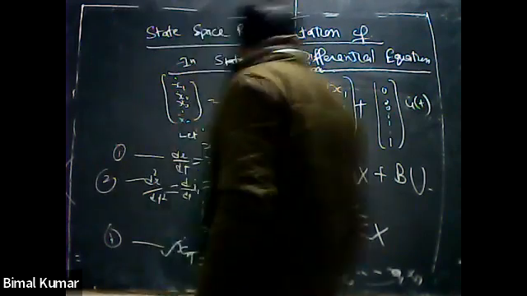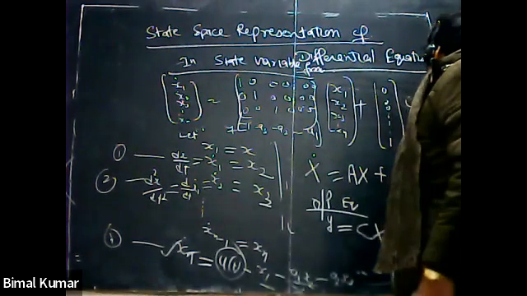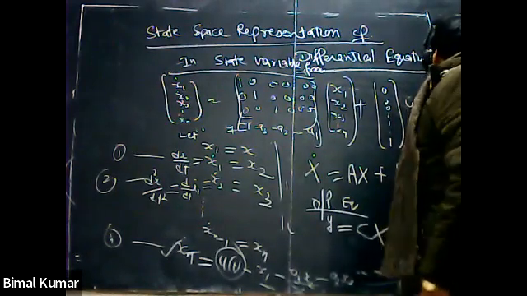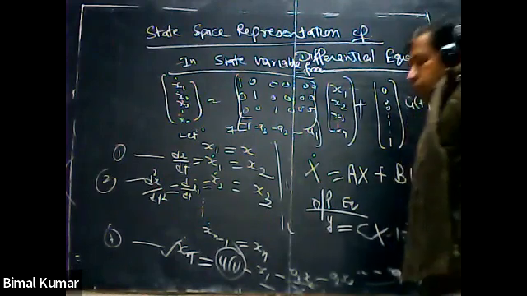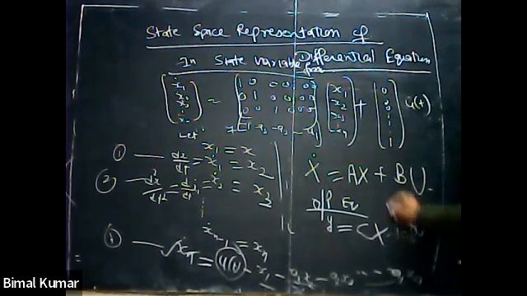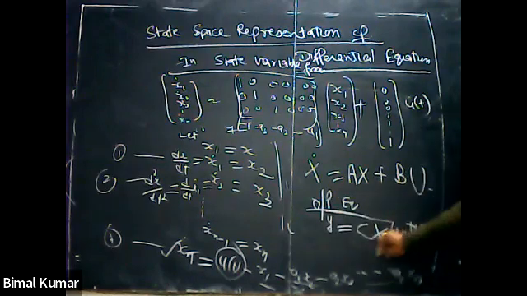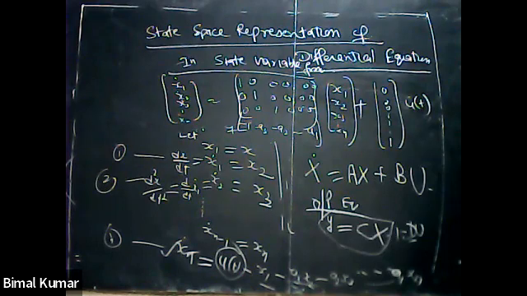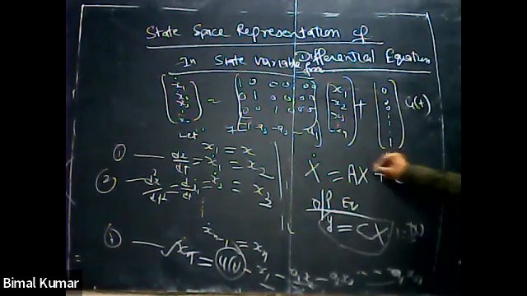Actually, this will be cx plus du, but many times this d will be a null matrix. So that's why we only take y is equal to cx.